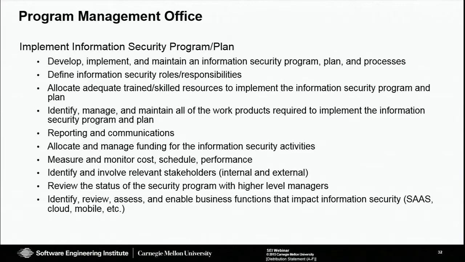I'd like to particularly point out to you the last bullet, identify, review, and assess and enable business functions, because clearly cybersecurity and the CISO role is a supporting function that is here to make sure that the business continues to operate as intended. And so a key part of the CISO's role in the program management office and then the manager that's responsible for that is to make sure that all business functions are enabled as needed by the security activity.